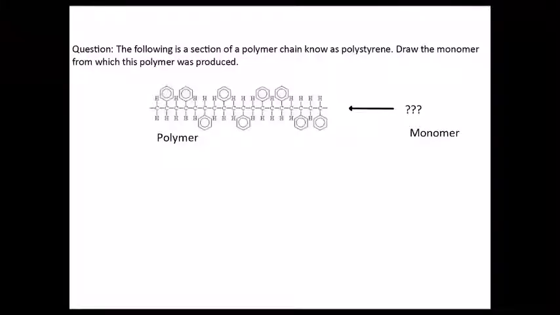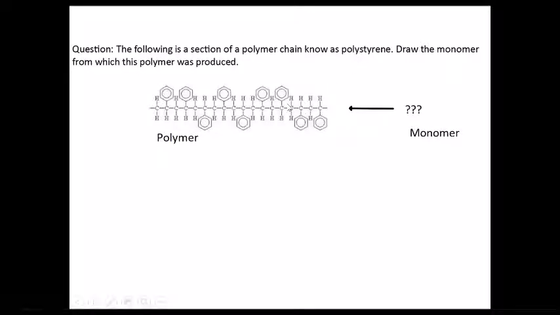So, for an example with a question about polymers, we look back at this one. This is the question that you usually would get. You've got a polymer chain, which is actually called polystyrene.